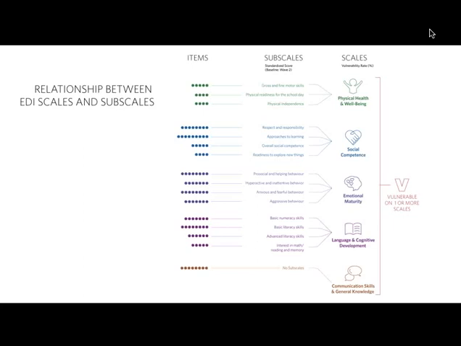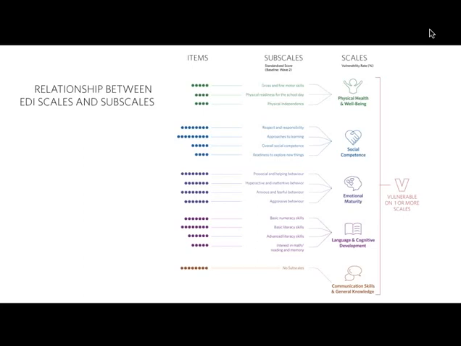So this graphic here is our latest graphic to summarize the relation between scales and subscales for the EDI. And you have to, for this one, work a little bit from right to left. We start, well, you know what, maybe I'll work from left to right just for fun.